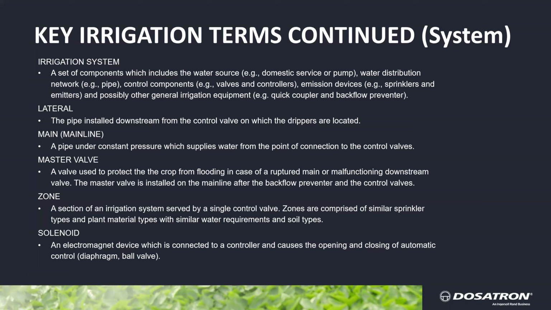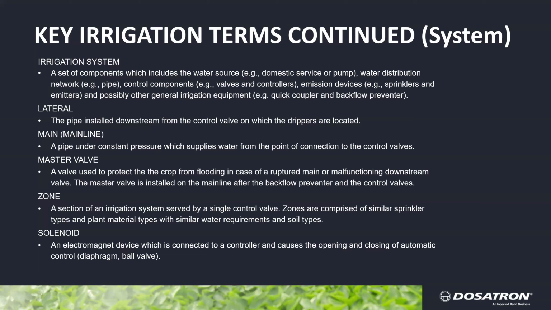Our water distribution network, a set of pipes that run from that source to our destination, and then our ways of controlling those. So control components include solenoid valves, controllers, and then we have emission devices, right, our emitters and our sprinklers.